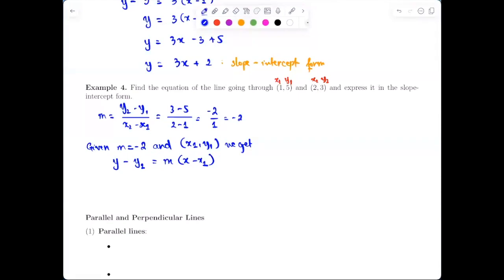It means the same thing, okay? Or you can write y minus y2 equal to m times x minus x2, right? So x0, x1, x2 mean the same thing in this context, and y0, y1, y2 mean the same. We good? Okay. So you have the point-slope form.